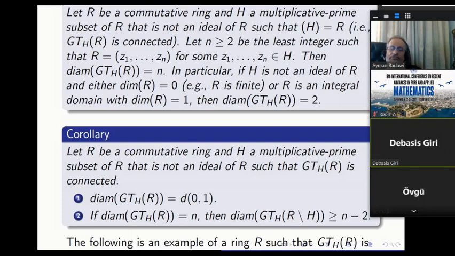Okay, here is some result. To calculate the diameter of the generalized total graph, just look at the distance between 0 and 1. What I mean by the distance between 0 and 1 is to count the minimum number of edges you need to cross in order to go from 0 to 1.